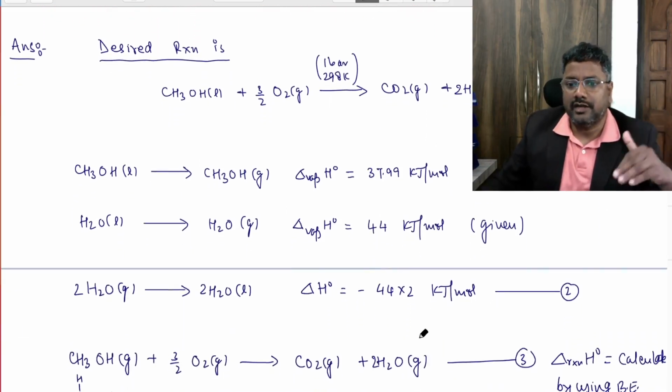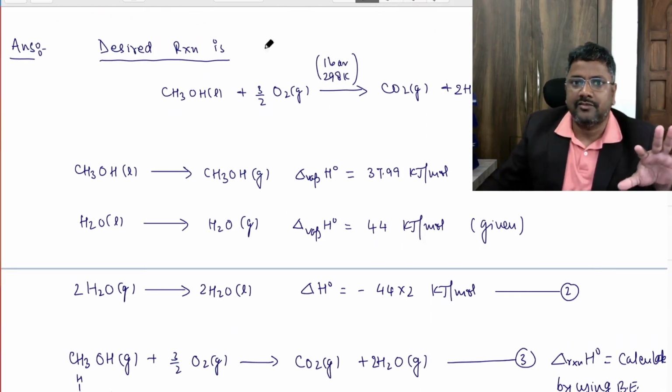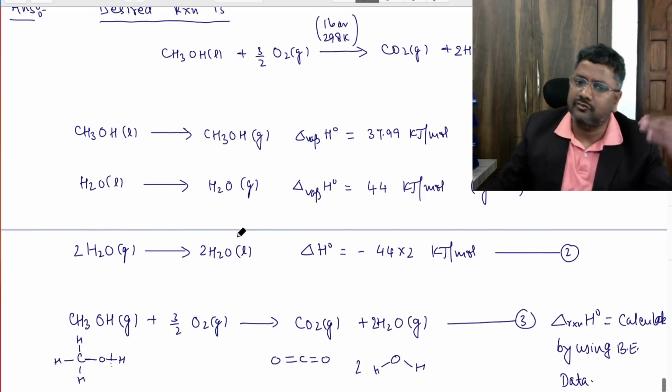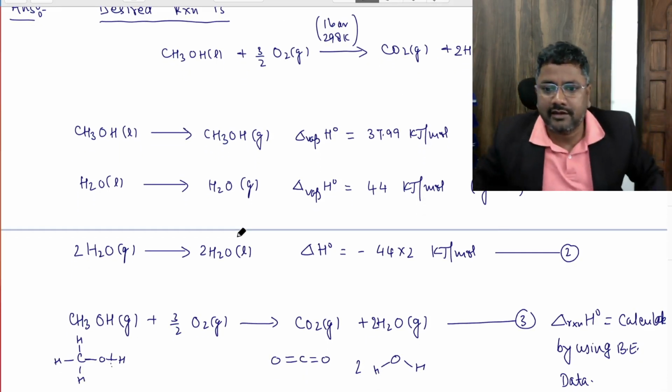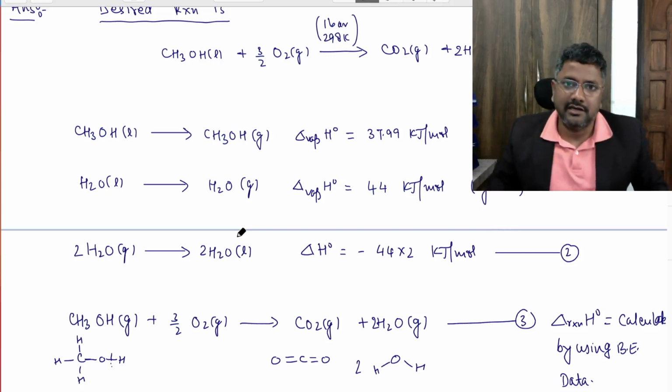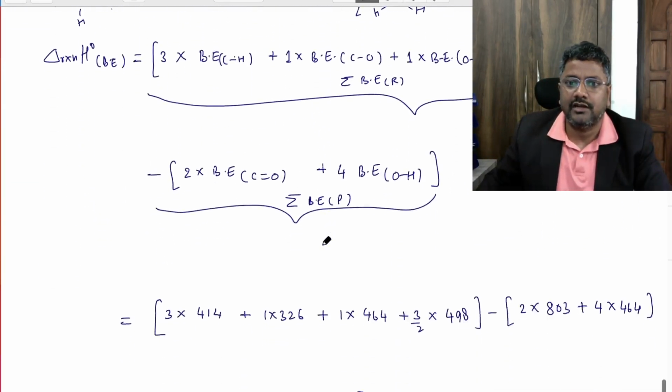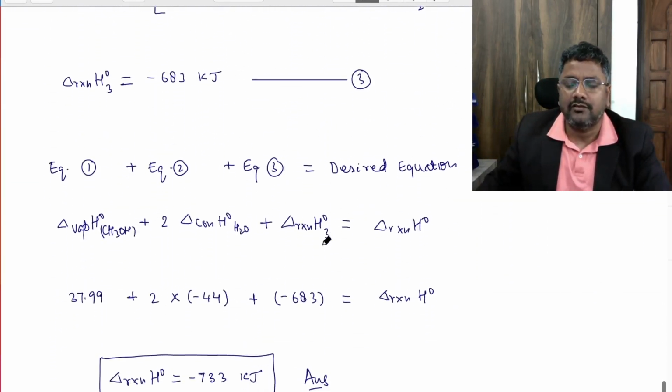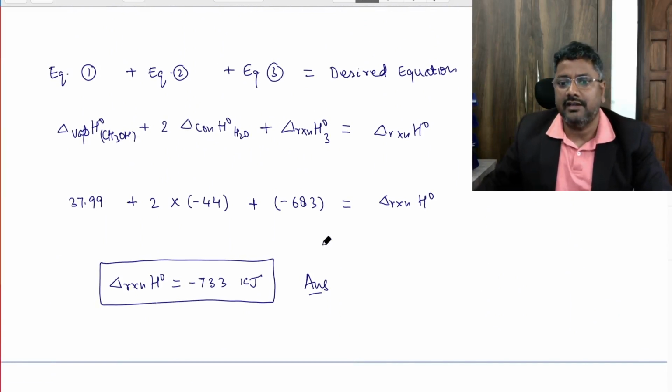First you have to design the desired reaction, then write all those reactions of which data is given in the question, then you manipulate those equations algebraically and get the answer. This is the simple way to calculate the thermochemistry questions, right? So hopefully all of you are clear how to calculate the enthalpy of any reaction in terms of bond energy data, right?